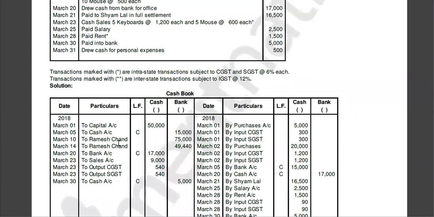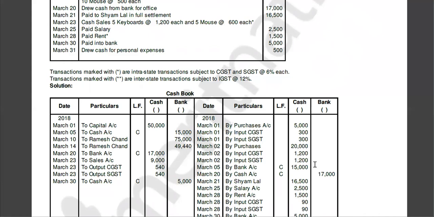Draw cash account debit. You just place your hand in the debit side cash column and write 17,000 to bank. The same way, bank is playing credit role. In the credit side, you place your hand in the bank column and write, withdraw cash means cash account debit to bank account.